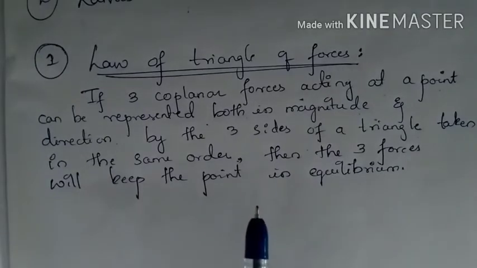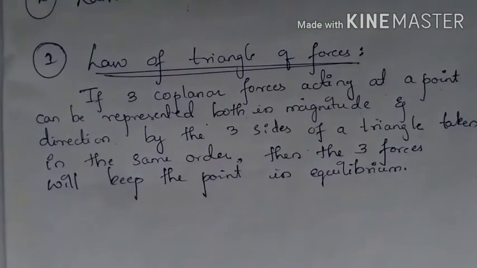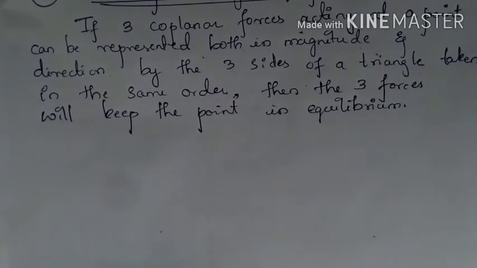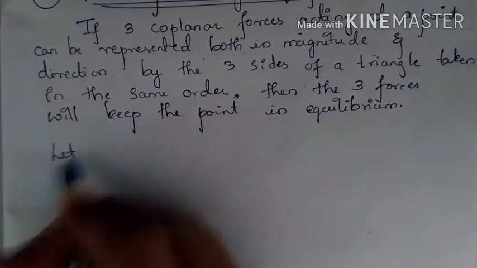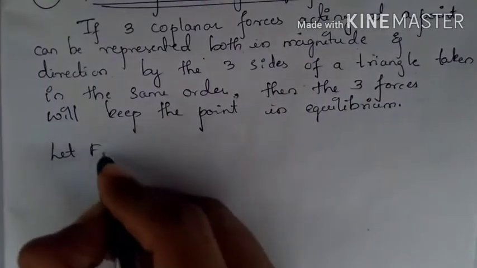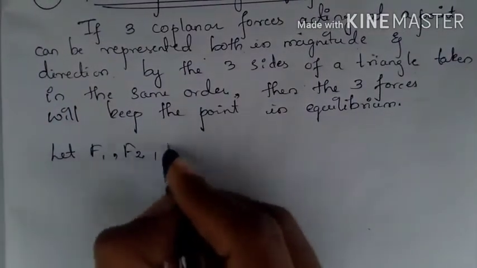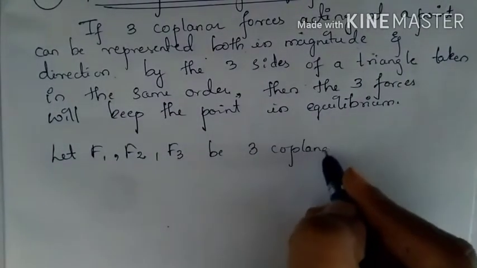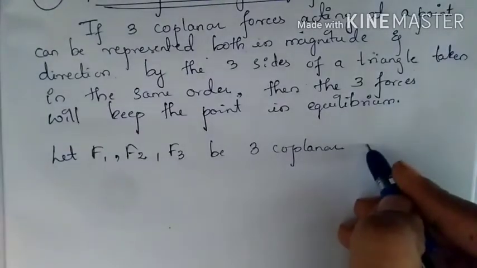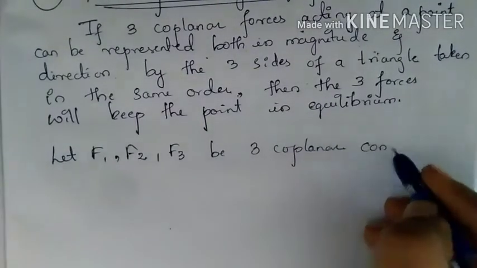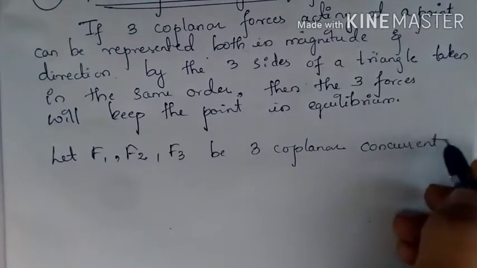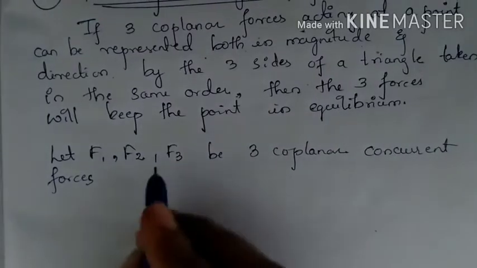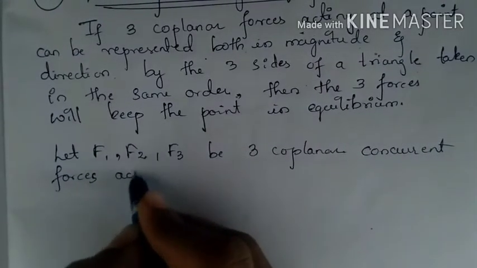So to understand this, let us take three coplanar forces. Let F1, F2, F3 be three coplanar concurrent forces. So these are acting at a point.